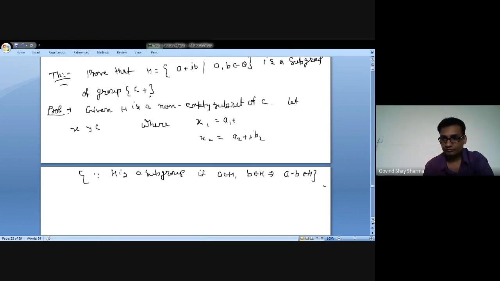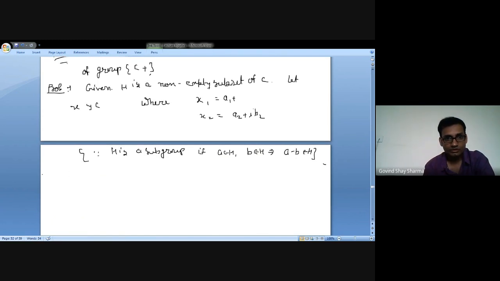So using this, take x minus y, which implies a1 plus iota b1 minus a2 plus iota b2, that is a1 minus a2 plus iota times b1 minus b2.